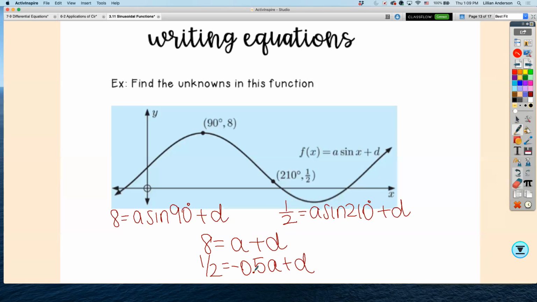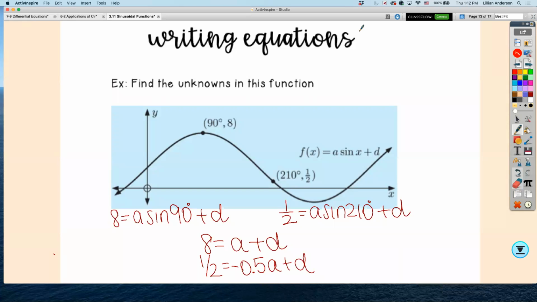And sure enough, I have a system of equations that I can solve using my calculator, that polysmlt feature we used back when we did 3-1. We can do that here. I can also solve it algebraically. Either way, okay?